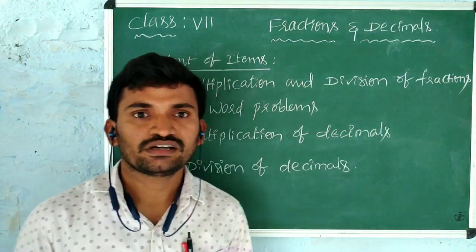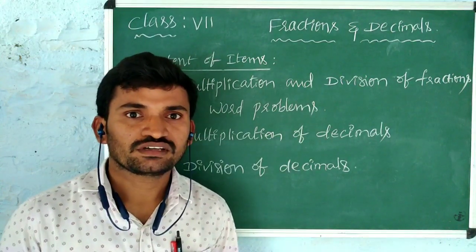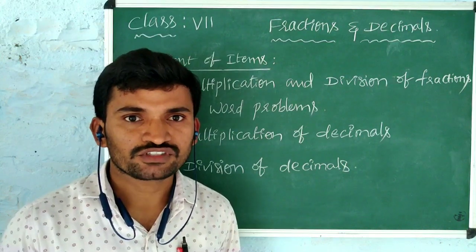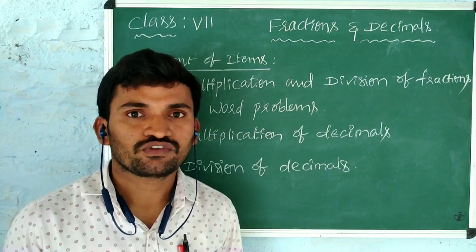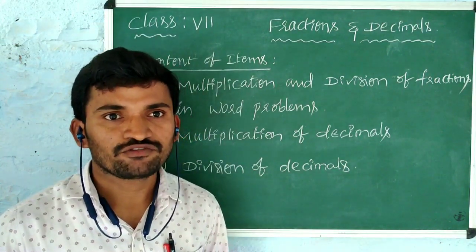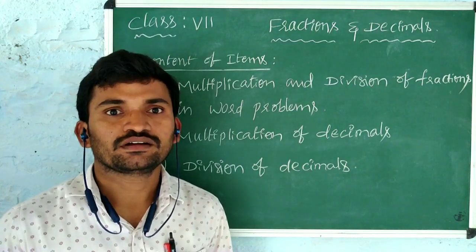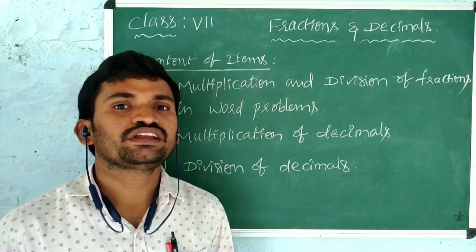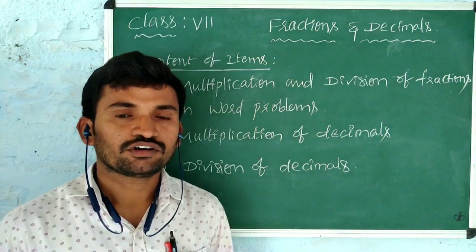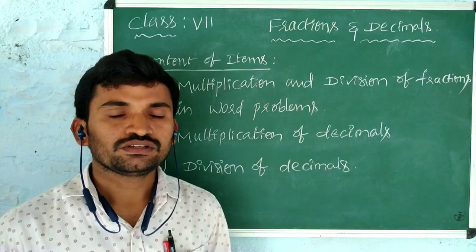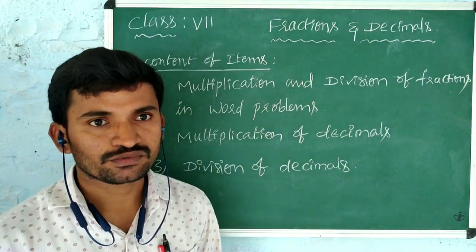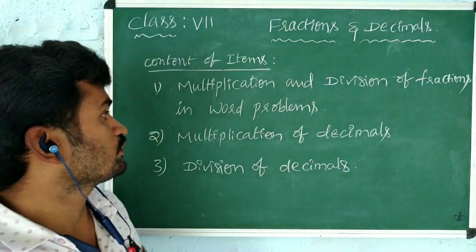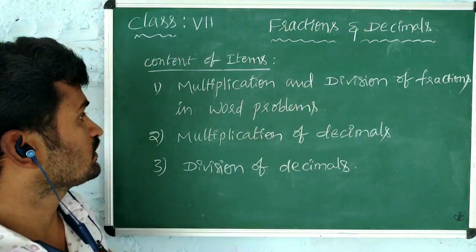His mother prepared 15 chapatis and served 3 by 5 of the chapatis to Chandu's father and 2 by 5 of the chapatis to Chandu. And what are the remaining chapatis? This type of problem is a word problem. We are going to learn about these problems in this chapter.